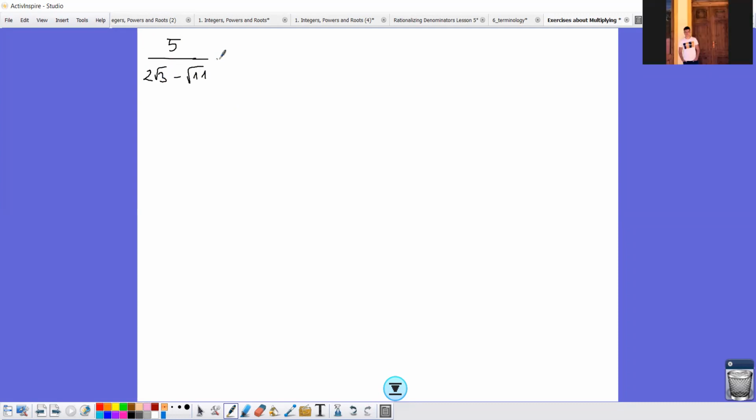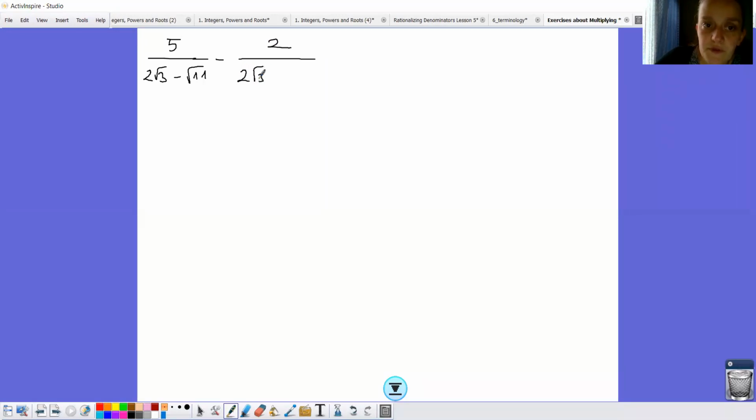And the other one, minus 2 over 2 root 3 plus root of 11. Okay. Teacher, now we first do the 5 over 2 root of 3 minus root of 11. I'm taking here 5 over 2 root 3 minus root of 11.